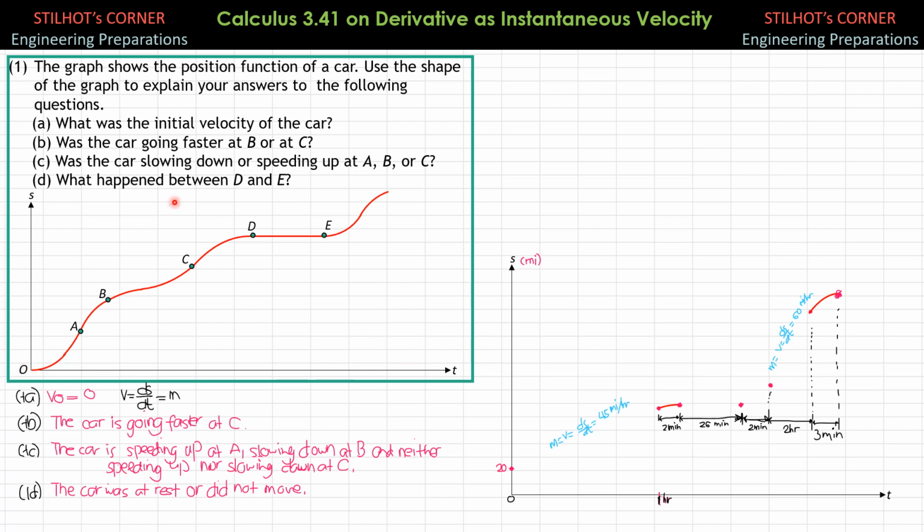But before we answer these questions, remember that the slope of the tangent to this position versus time curve represents the velocity, the instantaneous velocity at various points on this curve. I hope that determining whether the slope is positive or negative is no longer a problem, so that you can understand the explanations here.